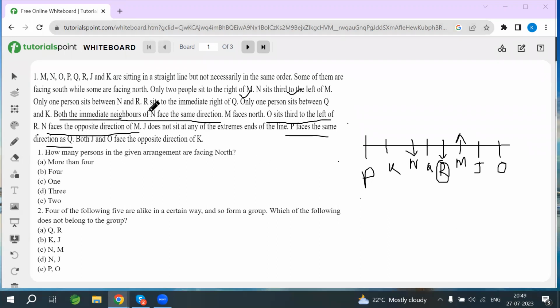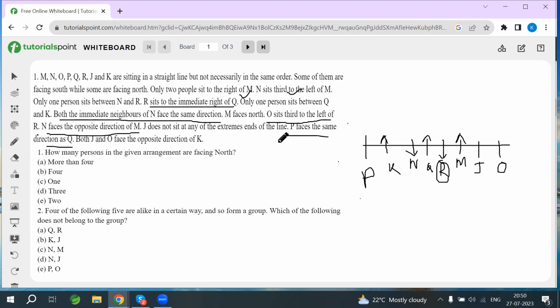As mentioned, R sits to the immediate right of Q. So when R is to the right of Q, Q will be in the north position. Only one person sits between Q and K, and both immediate neighbors of N face the same direction. The immediate neighbors of N are Q and K, so both are in the same direction.